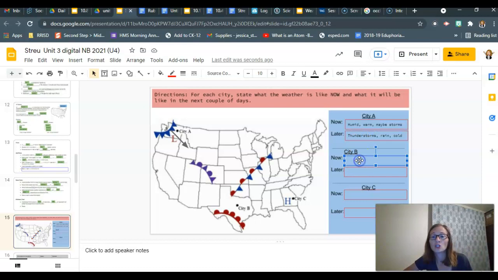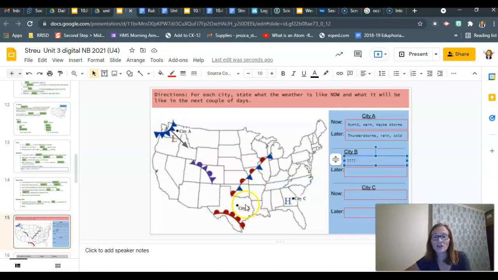Okay, you try it. You can work with your table group if you're having trouble. City B does not really have anything happening right now. Not that we know for sure. Okay, so it is okay for you to just say, I don't really know what's happening right now.